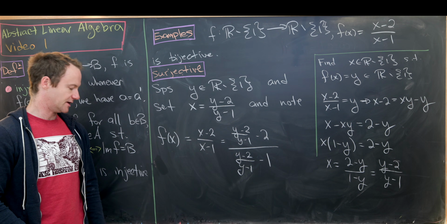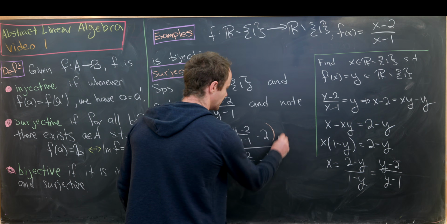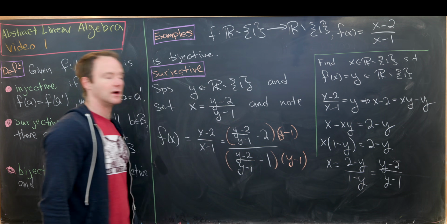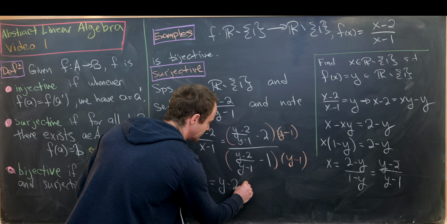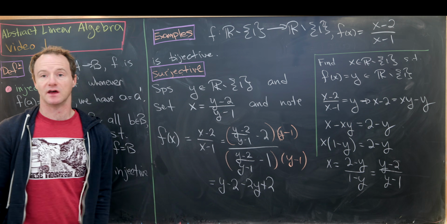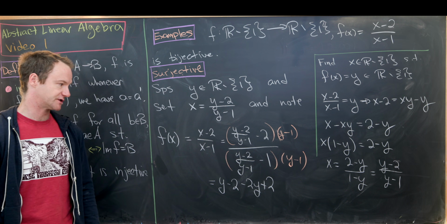So that's looking good. Now we can simplify this by taking the entire numerator and the entire denominator and multiplying by y - 1. That's going to leave us with y - 2 - 2y + 2 in the numerator, after distributing the -2 onto both of those terms.